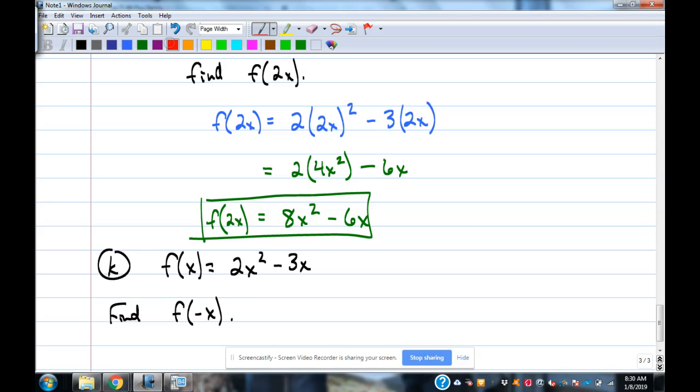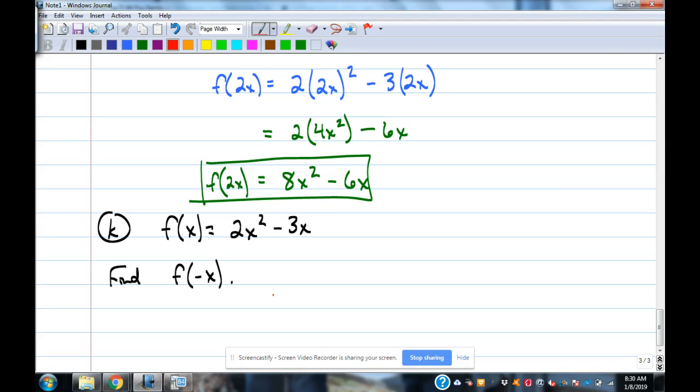What's that mean we're doing? Plugging -x in the place of x and working it out to simplify. So that negative in front of the x is like a -1, so we just treat it that way and do the math the way it's supposed to be done.